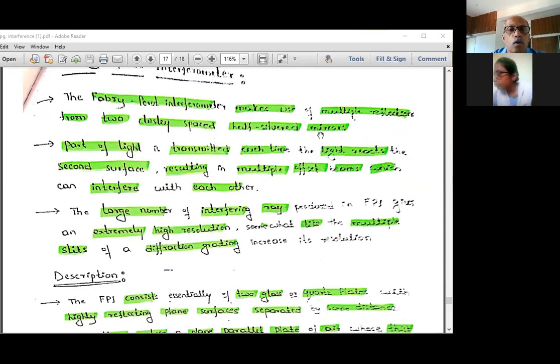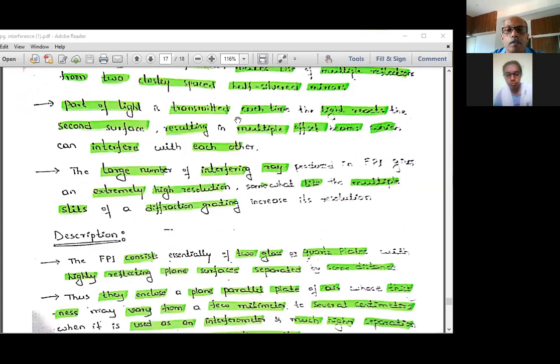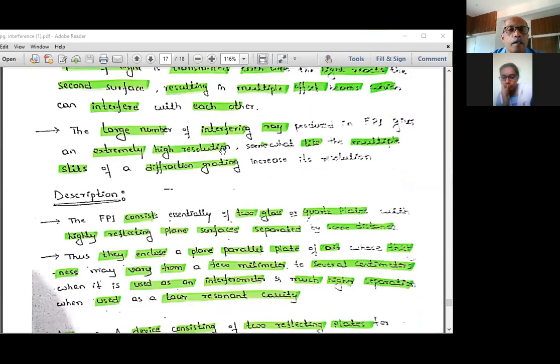Between these closely spaced half silvered mirrors, there will be multiple reflections, and Fabry-Perot interferometer makes use of this principle. A part of light is transmitted such that light reaches the second surface, resulting in multiple reflections, and they interfere, resulting in the interference pattern.